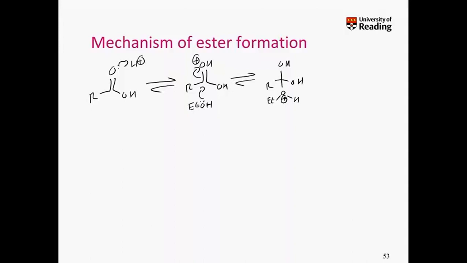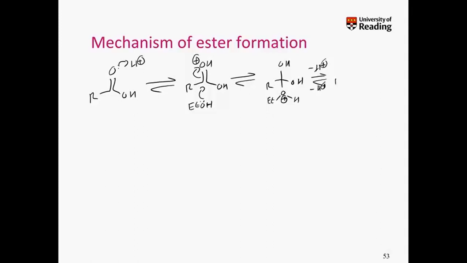We can't say exactly how it happens, because it can happen in many different ways. With acid in the system, the hydroxyl groups, for example, could pick up a proton. We might have some water in the system that we can use to protonate as well. So we can just write proton transfer.